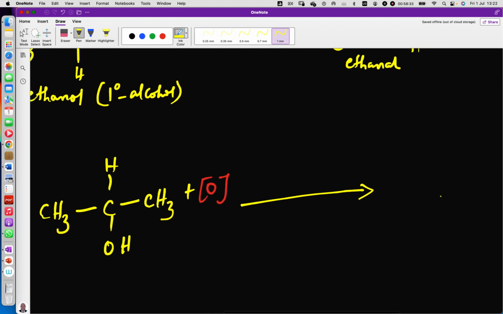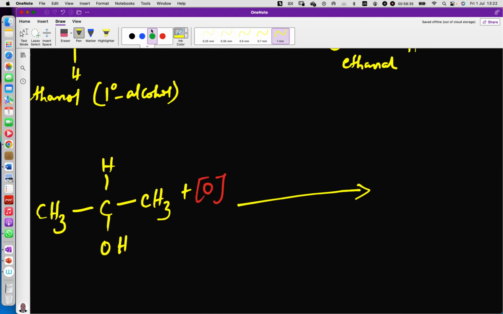Under the condition of oxidation, it is acidified potassium dichromate 6.